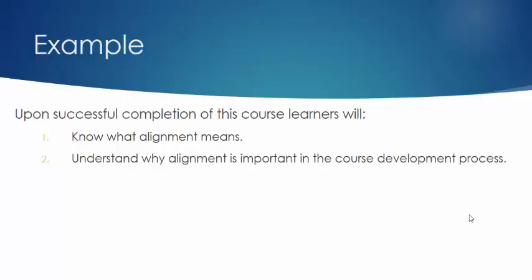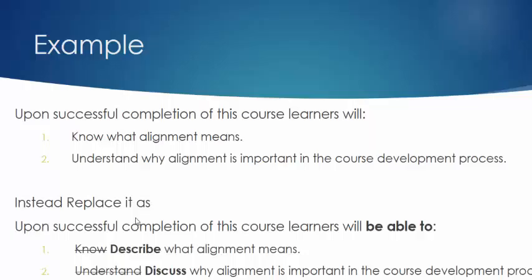I can modify the objectives to be measurable by replacing know and understand with an action verb. For example, upon successful completion of this course, learners will be able to. By adding this, it automatically kind of guides us towards that action verb. We'll be able to, instead of know, describe what alignment means, and instead of understand, discuss why alignment is important.